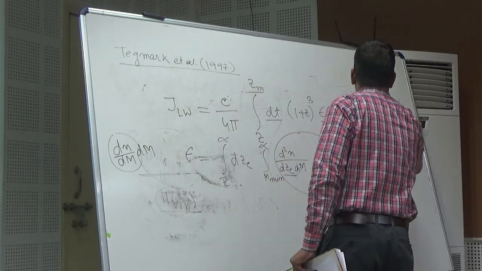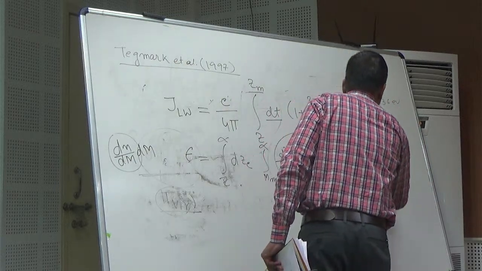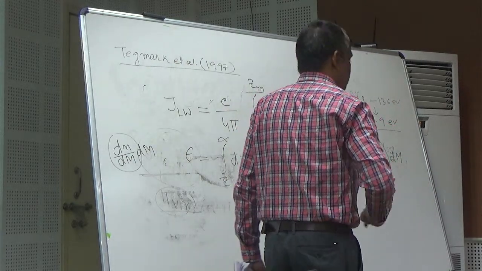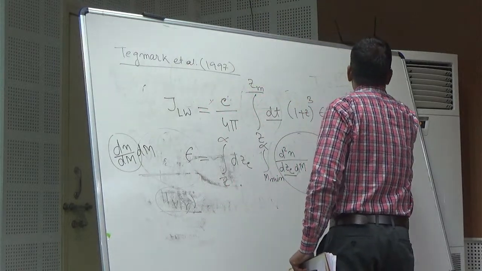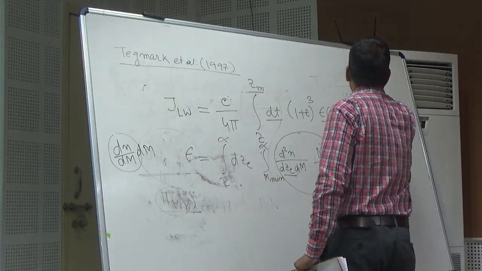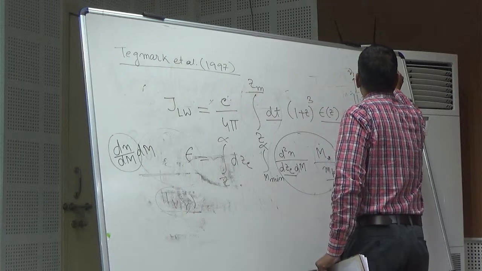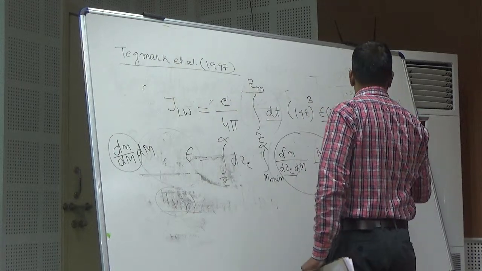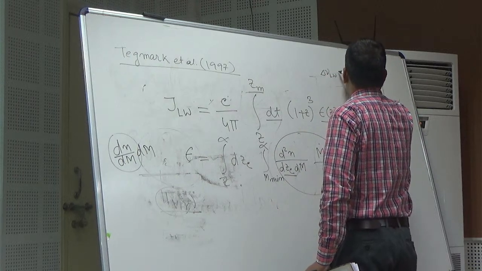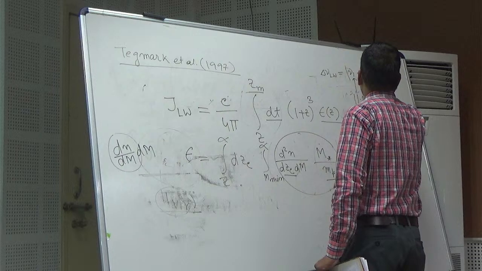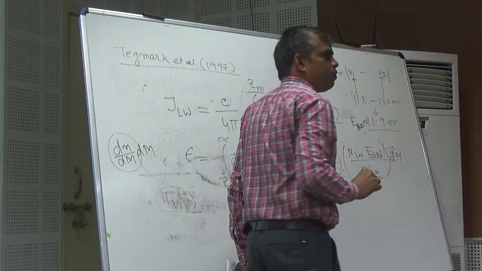And this is the frequency separation. You can calculate nu for this, nu1, and you can calculate the corresponding nu for this. So this delta nu Lyman-Warner is basically the difference between these two.